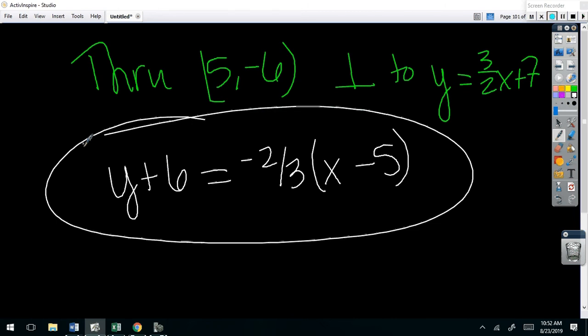Don't look up until you got it and then check it.